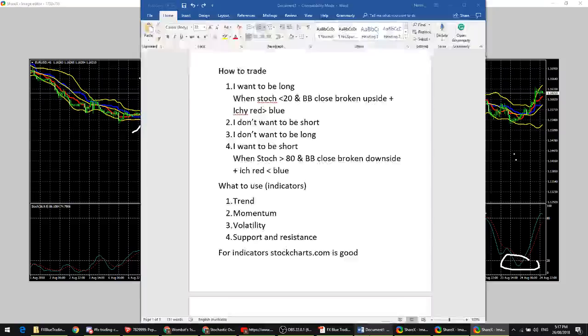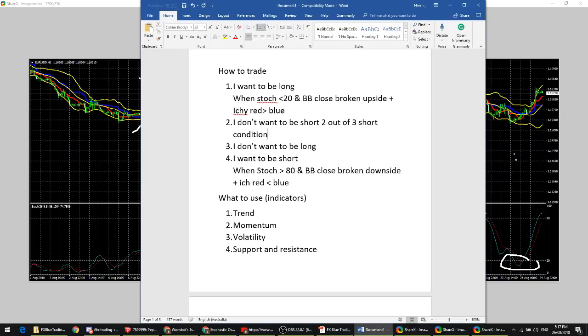And that makes sense because we've gone from I want to be long to I don't want to be short. So I don't want to be short when 2 out of 3 short conditions are met.